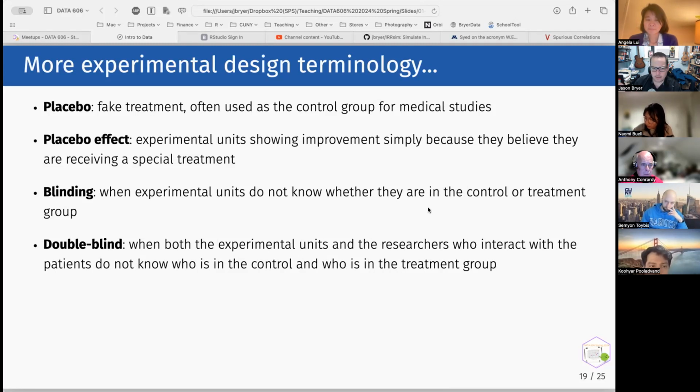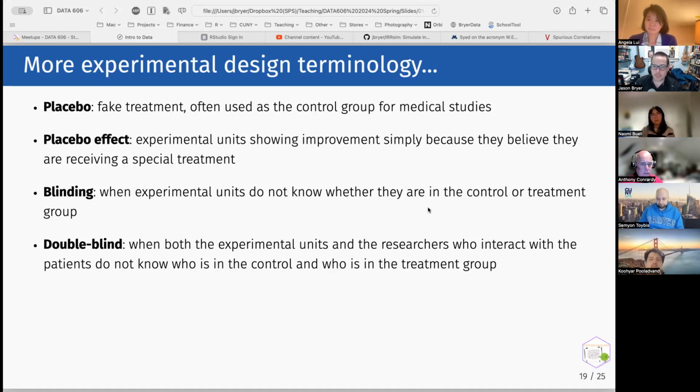So blinding is a case where the experimenter, if you're talking about drug trials, the reason why you give a placebo is so that the person in the study doesn't know if they're in the treatment or control. Okay. So that's the blinding. Double blinding means, let's use medical again, the doctor and the patient don't know if they're in the treatment.